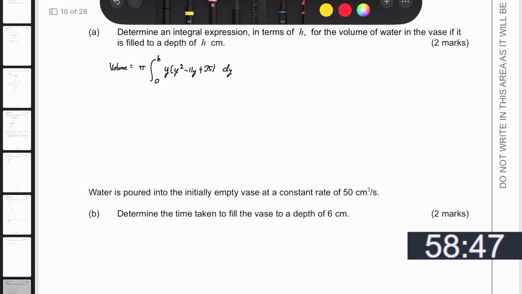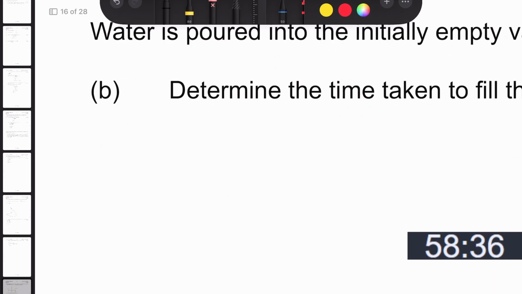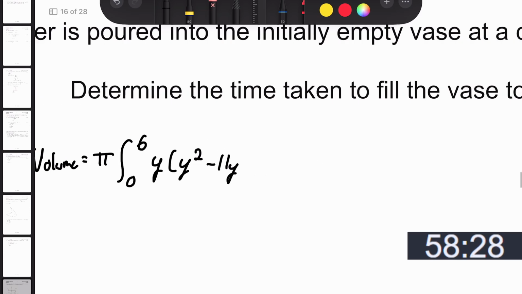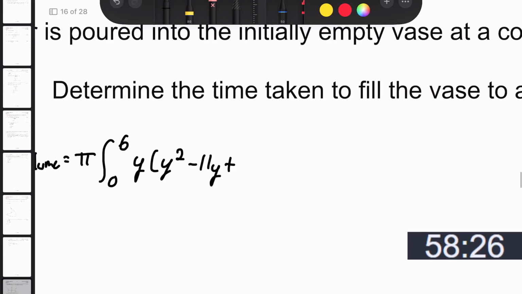Water is poured into the initially empty vase at a constant rate of 50 centimeters cubed per second. Determine the time taken to fill the vase to a depth of 6 centimeters. So volume equal to pi, and we're going to go 0 to 6 of y of y squared minus 11y plus 35 dy.